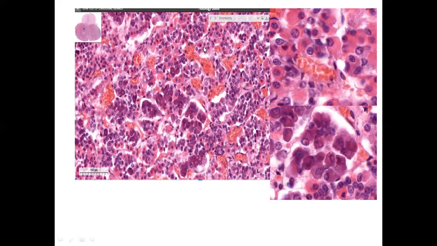So you can easily distinguish at this medium magnified image how much capillary content is present between these cells. So they are highly vascular. The endocrine glands are highly vascular, and this vascularity is visible by the presence of lots of capillary cross sections in the micrograph.